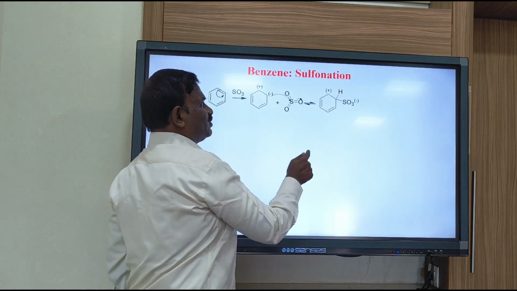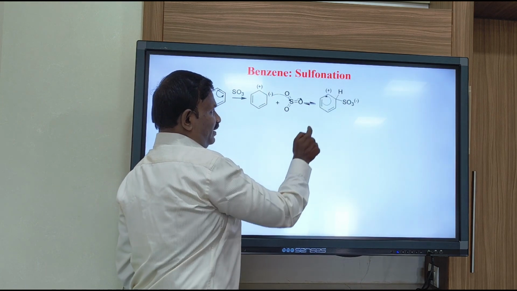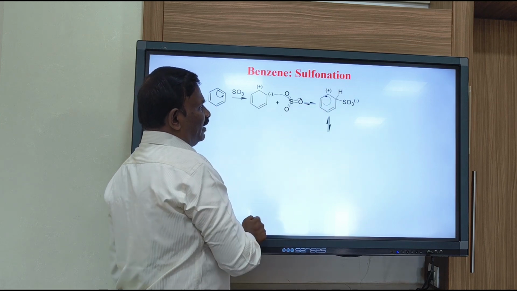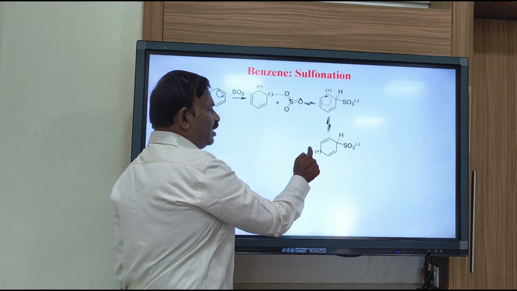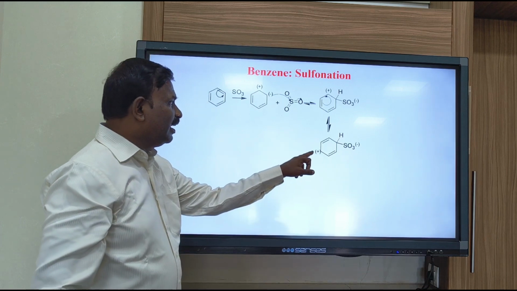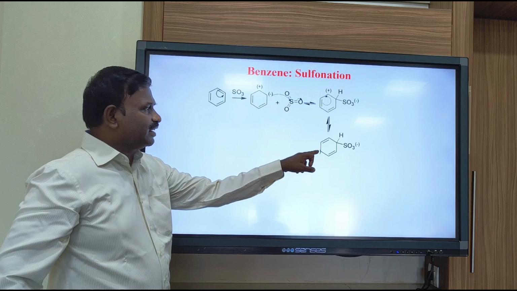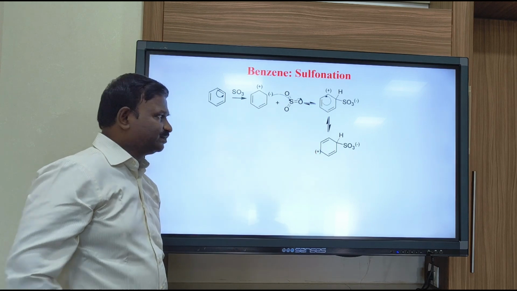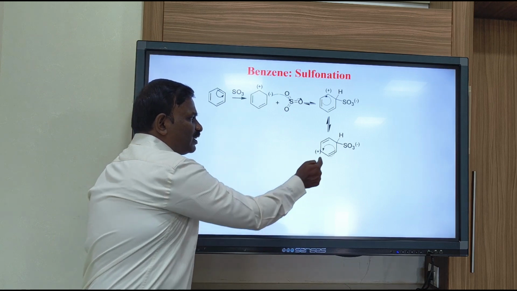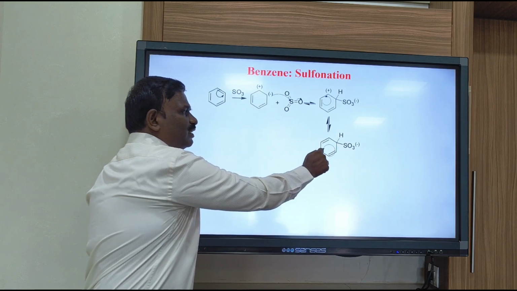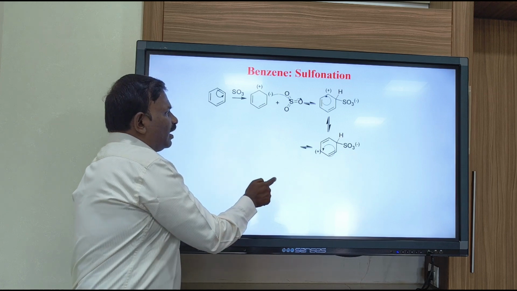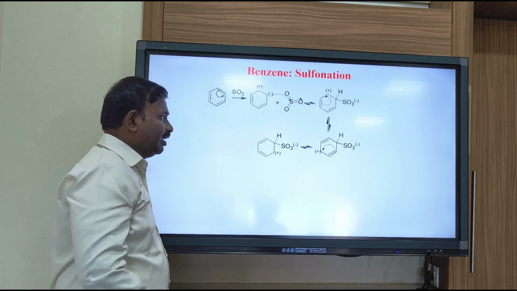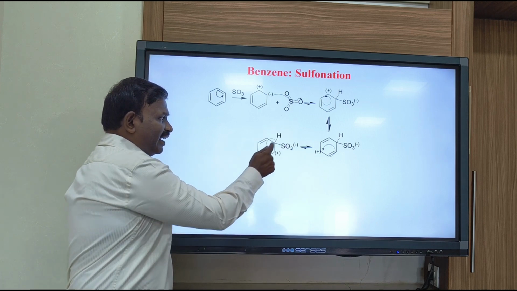To satisfy the positive center formed here, the pi electrons from the adjacent carbon move and give rise to a new carbocation in which the positive center is on the adjacent carbon from which the electrons moved. To satisfy this positive center, the electrons from the adjacent carbon move and another new carbocation is formed at the new position.